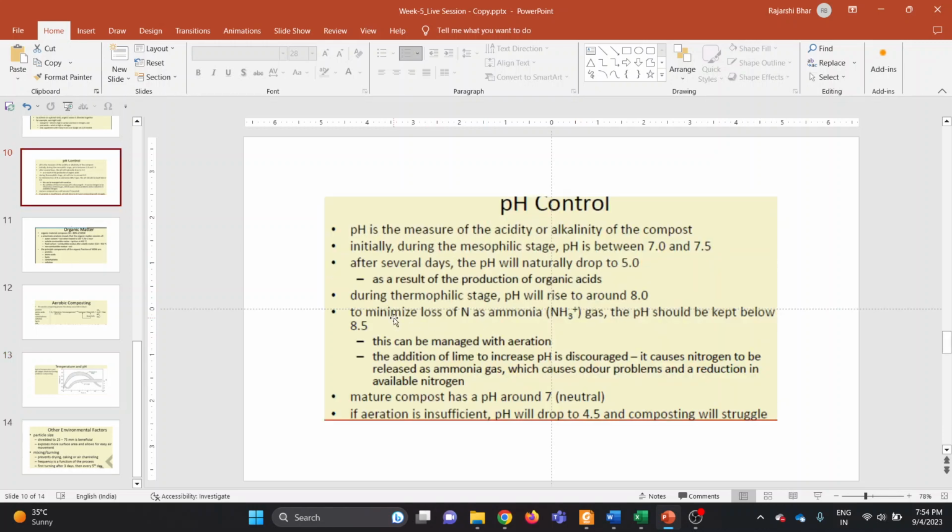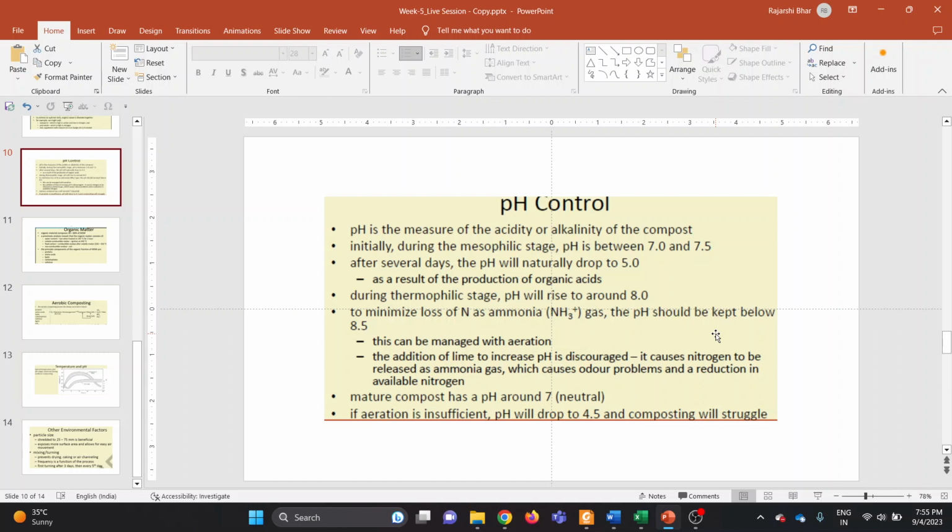That is one part. In thermophilic stages the pH rises, but we should always try to keep it below 8.5, because if the pH goes beyond 8.5, then ammonia starts getting out of the compost, and that ammonia has essential nitrogen that acts as a nutrient.